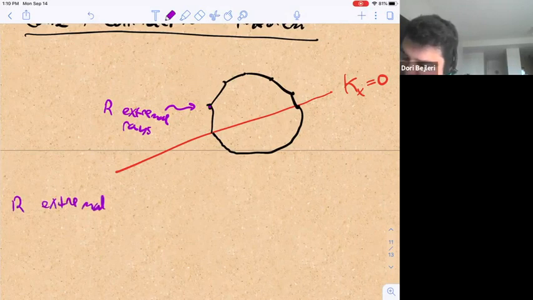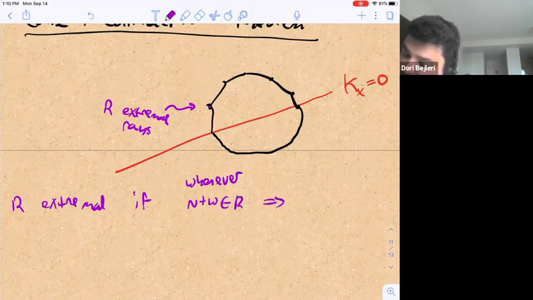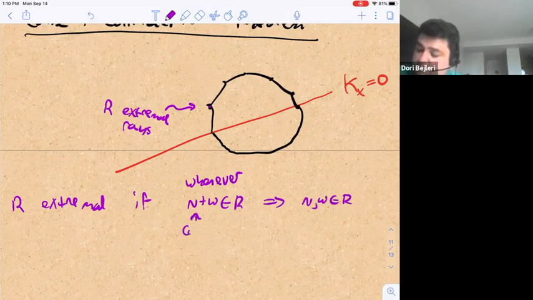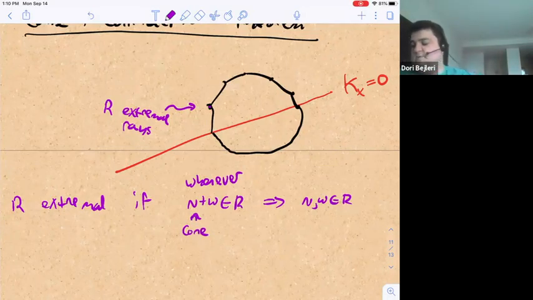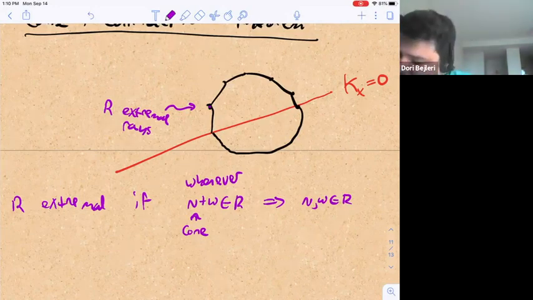Essentially, if it's on the boundary, but more formally, whenever v plus w is in R, then that implies that both v and w are in R, where v and w start off in our cone. So an extremal ray of our cone is some ray where anytime you have two vectors in the cone that add up to land on the ray, then they actually have to start off in the ray.